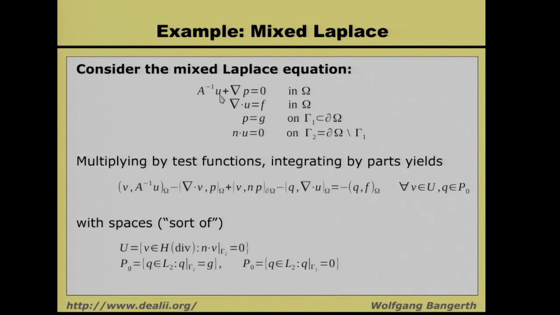If I have an area of high pressure and an area of low pressure, the gradient points from low to high pressure, the negative gradient points from high pressure to low pressure, and the flux is going to be proportional to minus gradient p. That means something flows from where the pressure is high to where the pressure is low, and the proportionality constant is this A. That's the intuitive interpretation of this first equation.